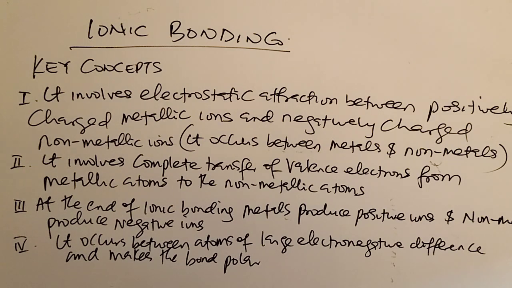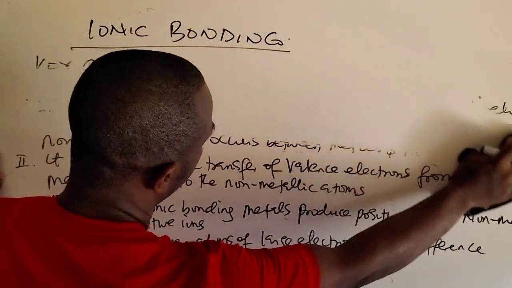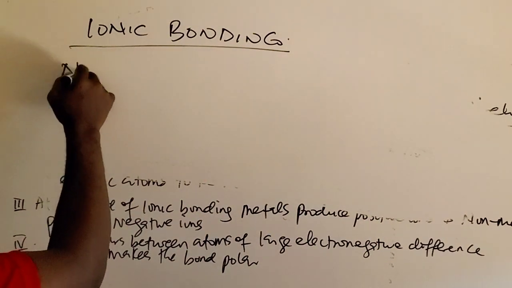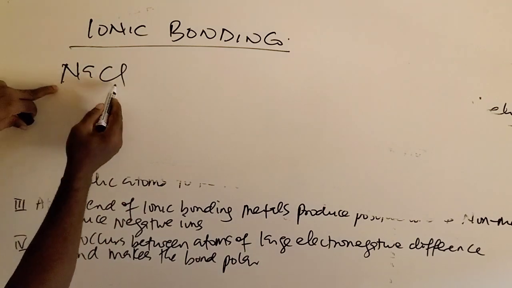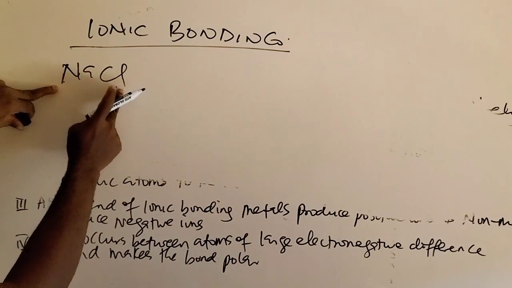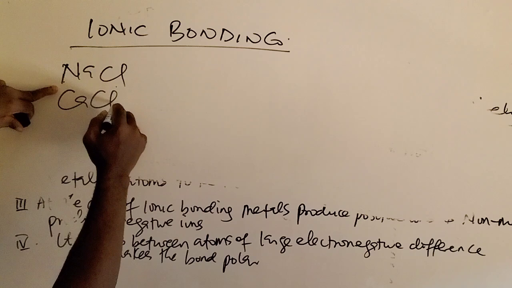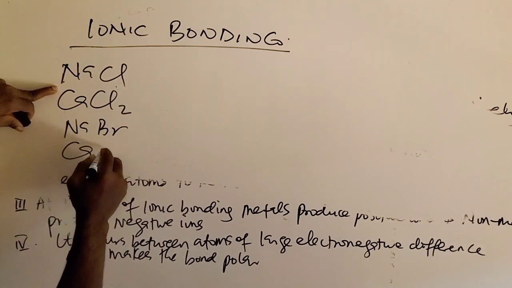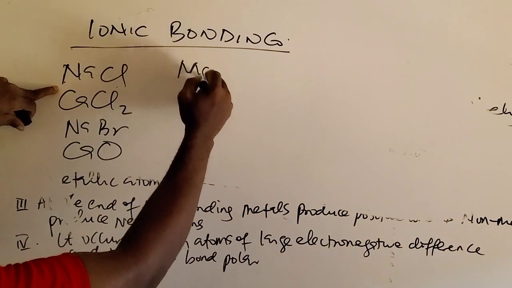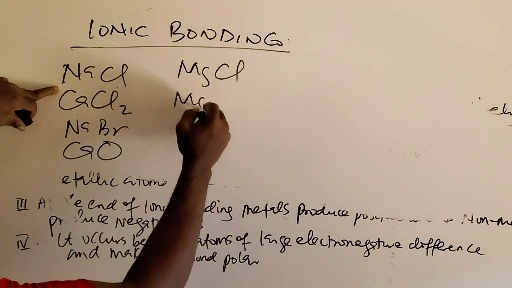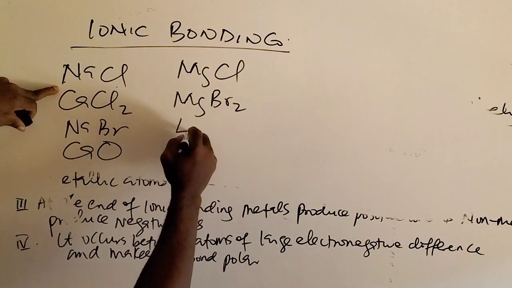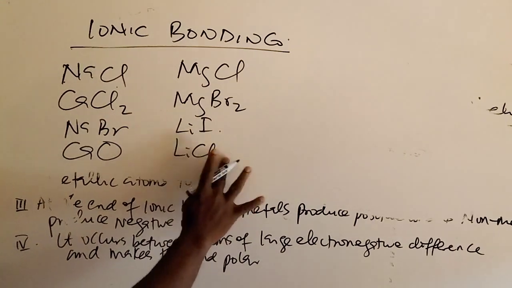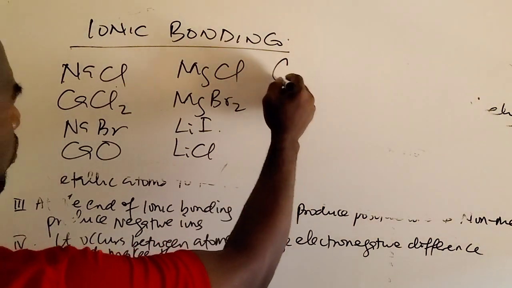So having done that, what are examples of compounds that have ionic bonds inside them? As I said, sodium chloride has a metal and a non-metal. We have defined metals today. Calcium chloride, sodium bromide, calcium oxide, magnesium chloride, magnesium bromide, lithium iodide, lithium chloride, copper oxide.